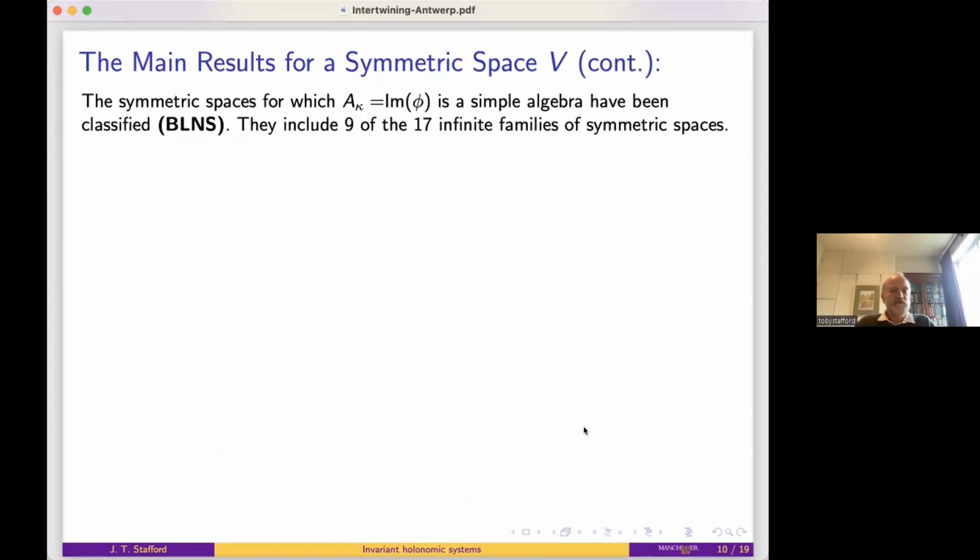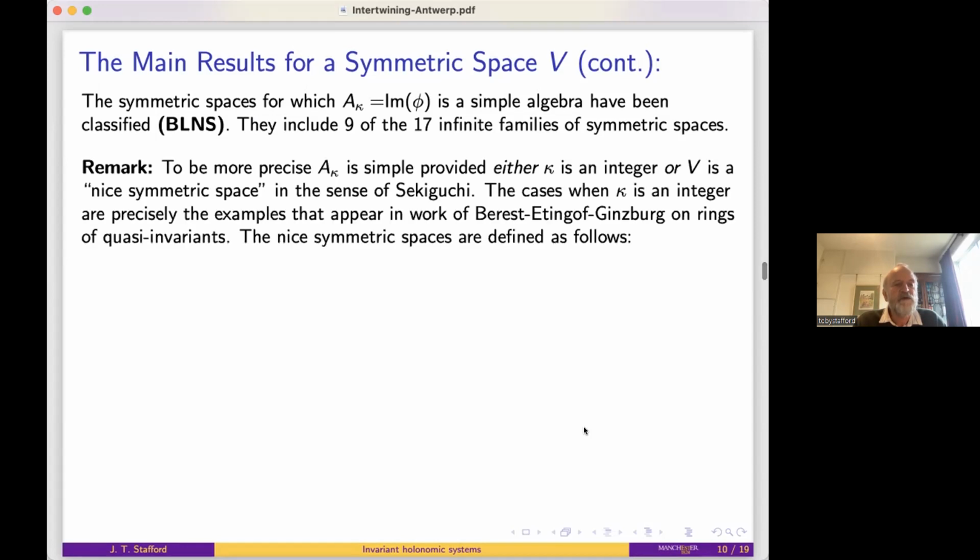So when do we get a simple algebra for my spherical subalgebra? Well, it includes 9 of the 17 infinite families of symmetric spaces in the classification in Helgason's book. And I can be a little more precise. I still won't be precise in detail.